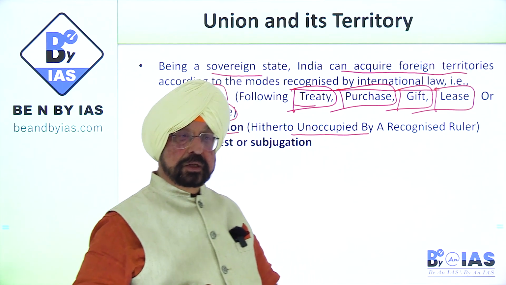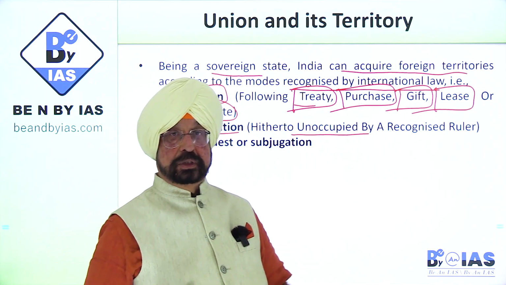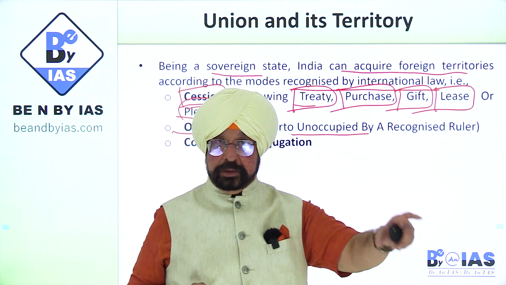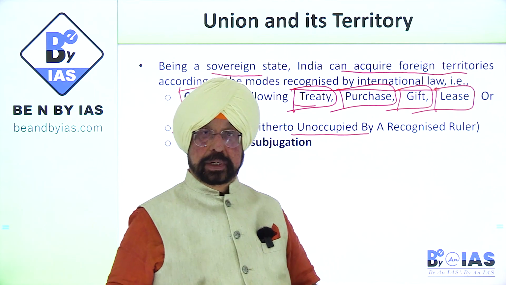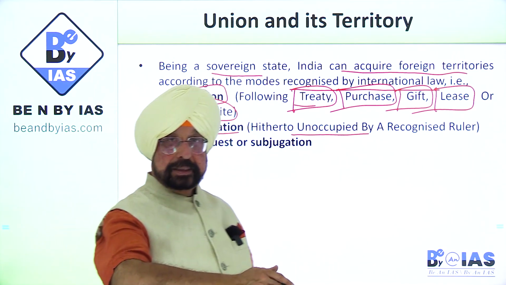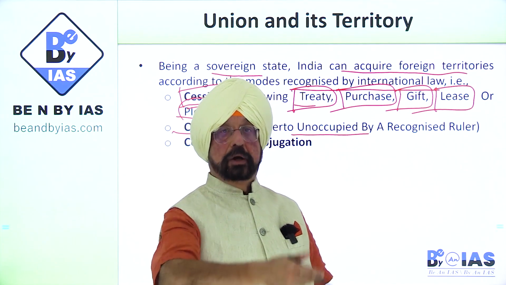That means there is no recognized ruler who is claiming a right of ownership or even possession over that particular territory. So, in that case, a nation can go and occupy that.